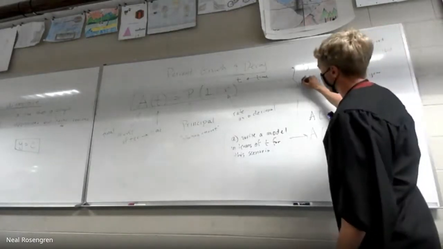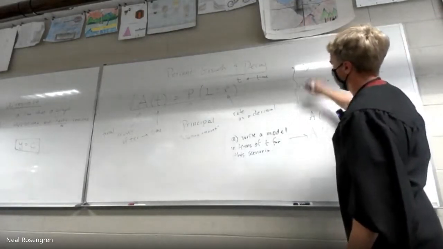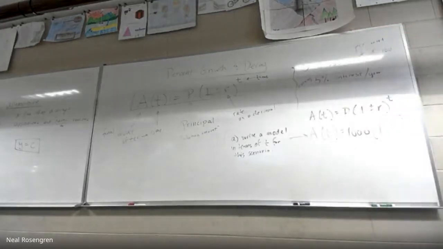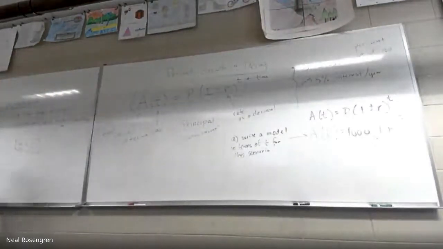If we are earning 5% interest per year, plus, we're going up. I want to make more money. It's guaranteed to be growth because we're going to take 1 and add a number to it, so I'm going to be bigger than 1. To be growth, I got to be bigger than 1. To be decay, I got to be less. That's why we start at 1 and adjust up or down.